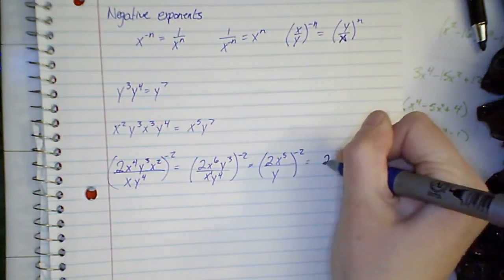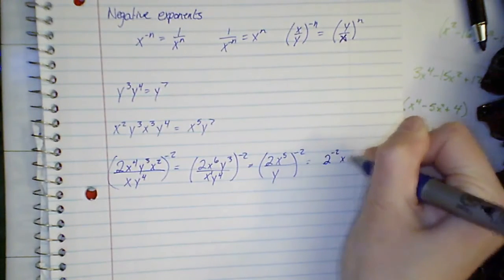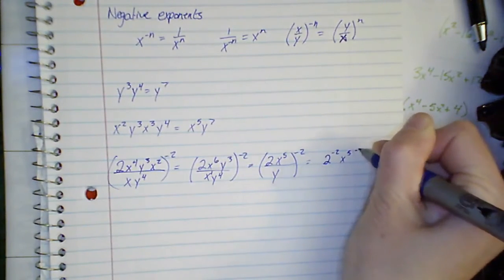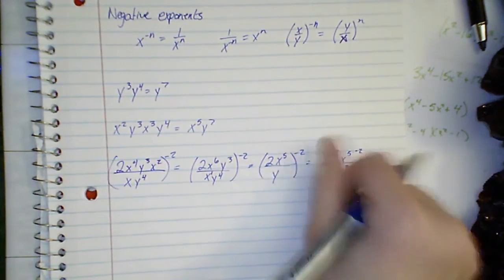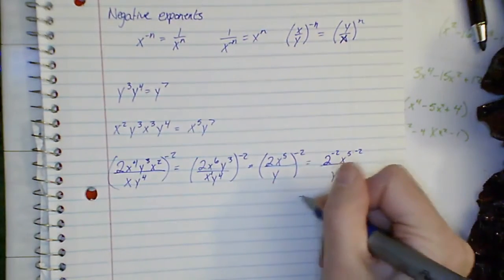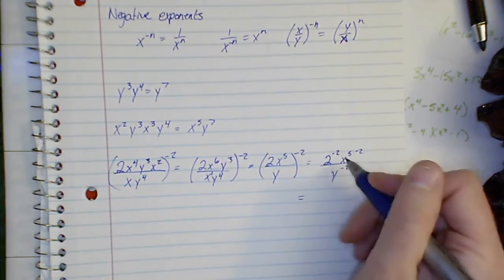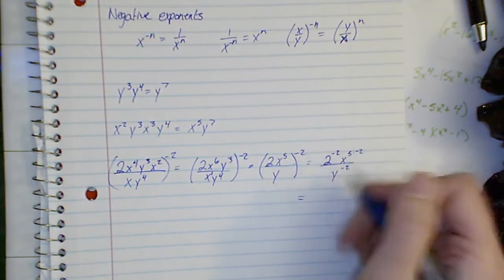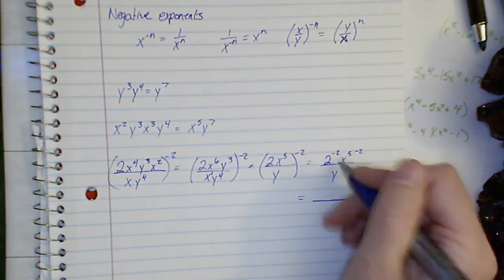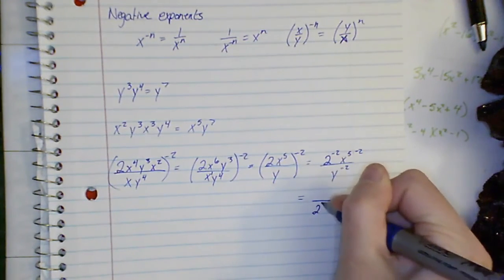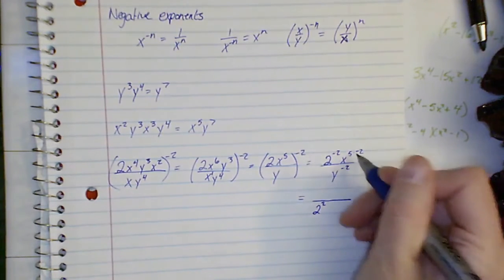And then we can distribute the negative power. And actually we could have flipped it and then distributed it, but that's okay. Since we have 2 to the negative second power, we can bring it downstairs and turn it positive.